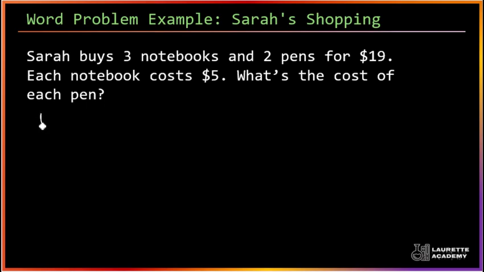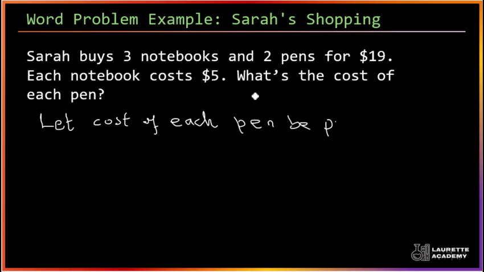So let the cost of each pen be P. Okay? Now, let's build the equation. The total cost is made up of the cost of notebooks plus the cost of pens.